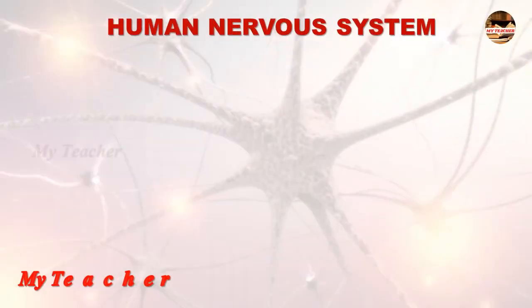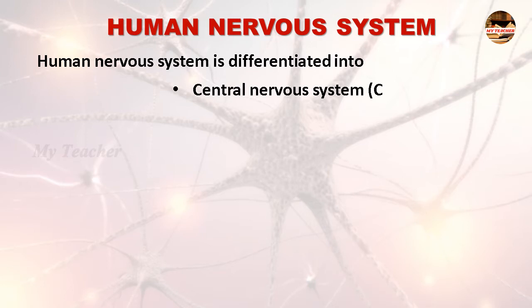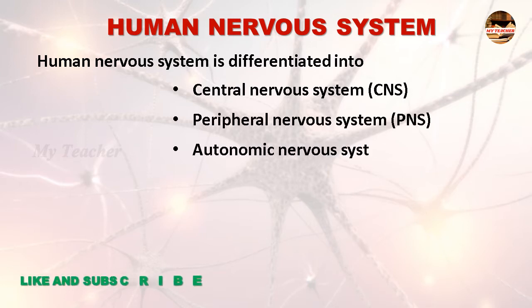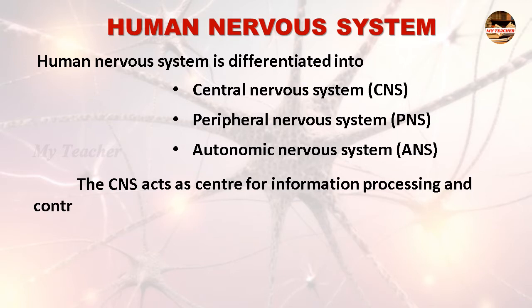Human nervous system. Human nervous system is differentiated into central nervous system, peripheral nervous system, autonomic nervous system. The central nervous system acts as center for information processing and control.